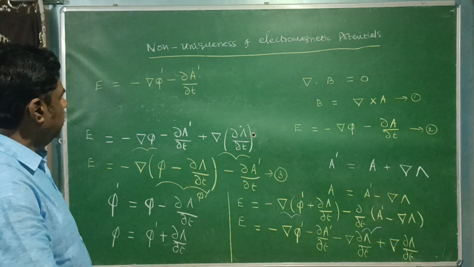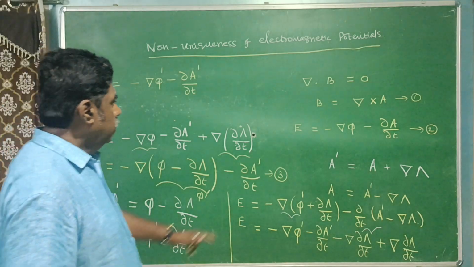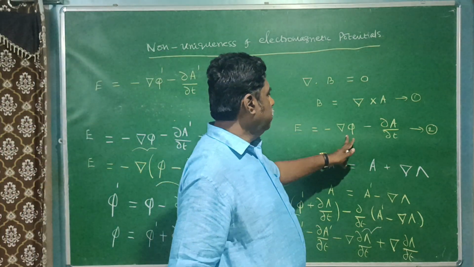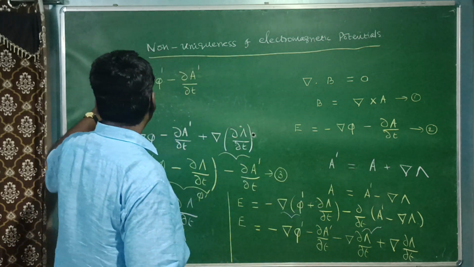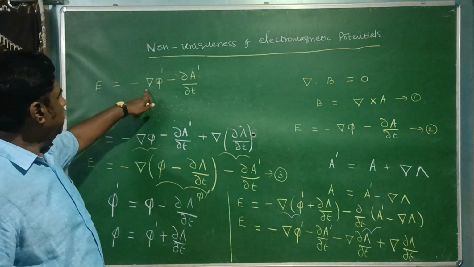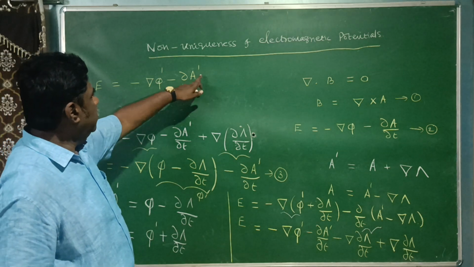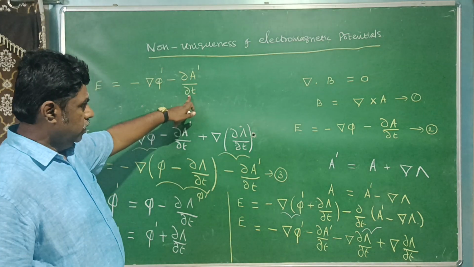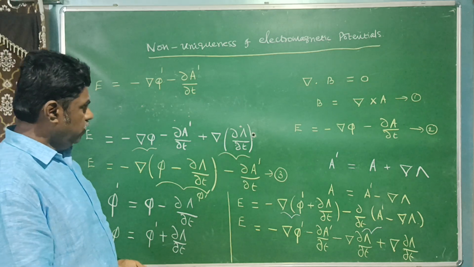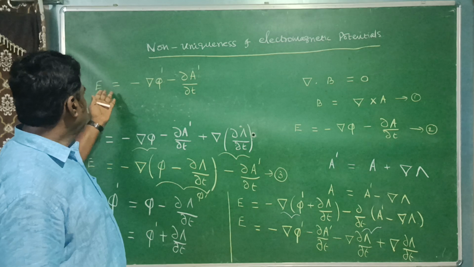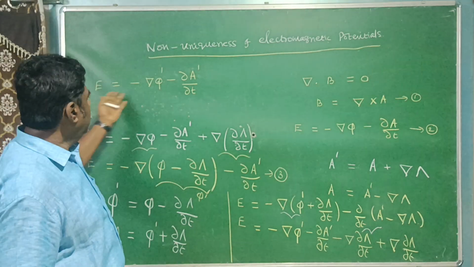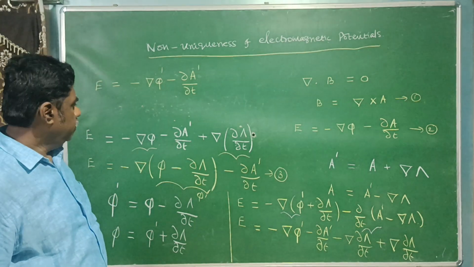This is our E. We have taken E equal to minus grad phi minus dou A by dou t. Finally, we arrived at E equal to minus grad phi dash minus dou A dash by dou t. If A is replaced by A dash, there is no change in the electric field. The same electric field is obtained.